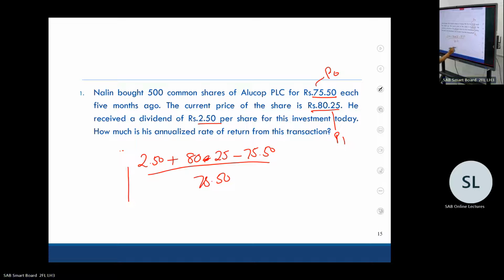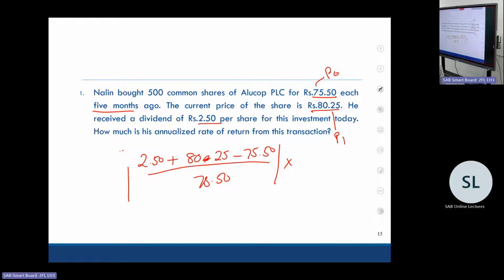Into, divided by holding days. 3 months ago. So approximately, 3 months is given. Sorry, 5 months. So then you can calculate by dividing by 5 and multiplying by 12, or you can take 30 days per month as well.